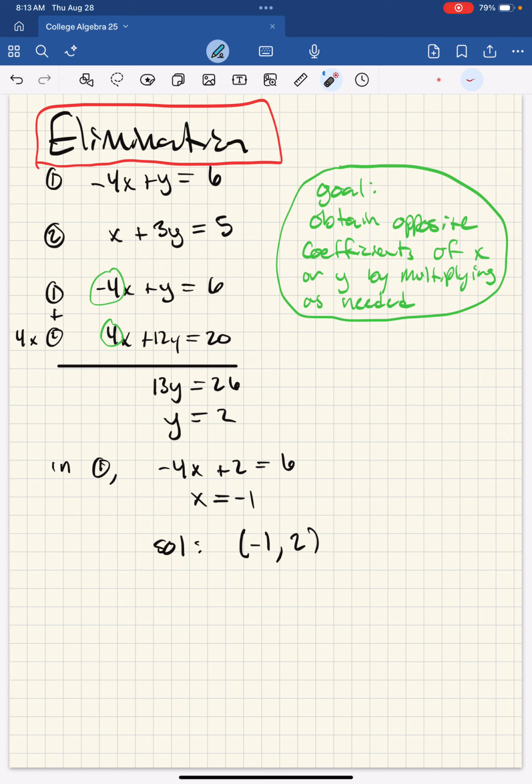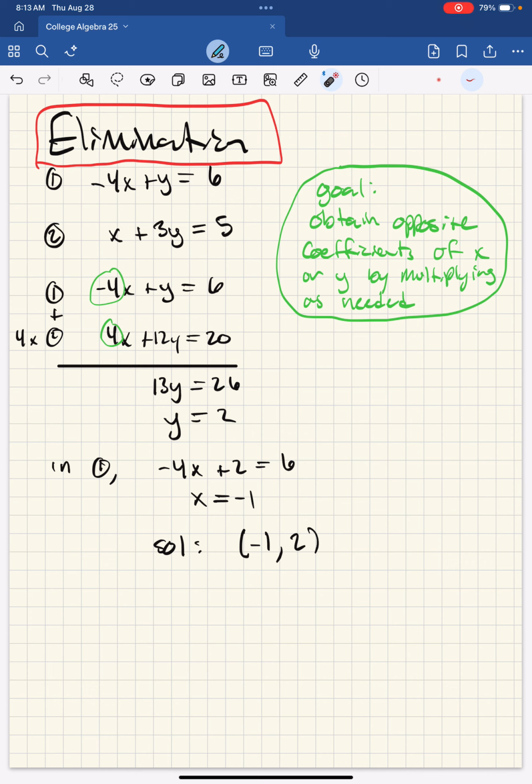So what I did was I multiplied equation 2 by 4, multiplying the entire equation, and that gives me a negative 4 as a coefficient of x in equation 1 and a positive 4 as a coefficient of x in equation 2.